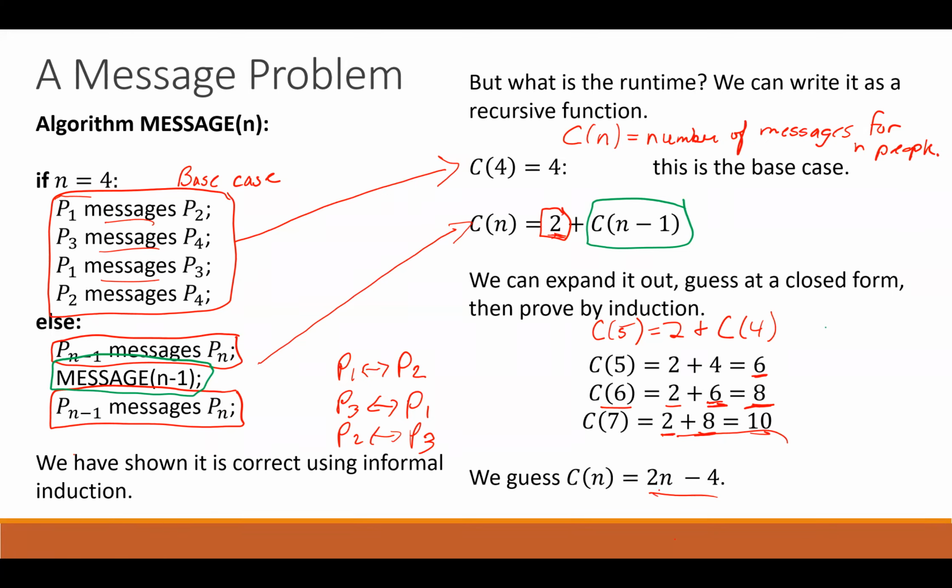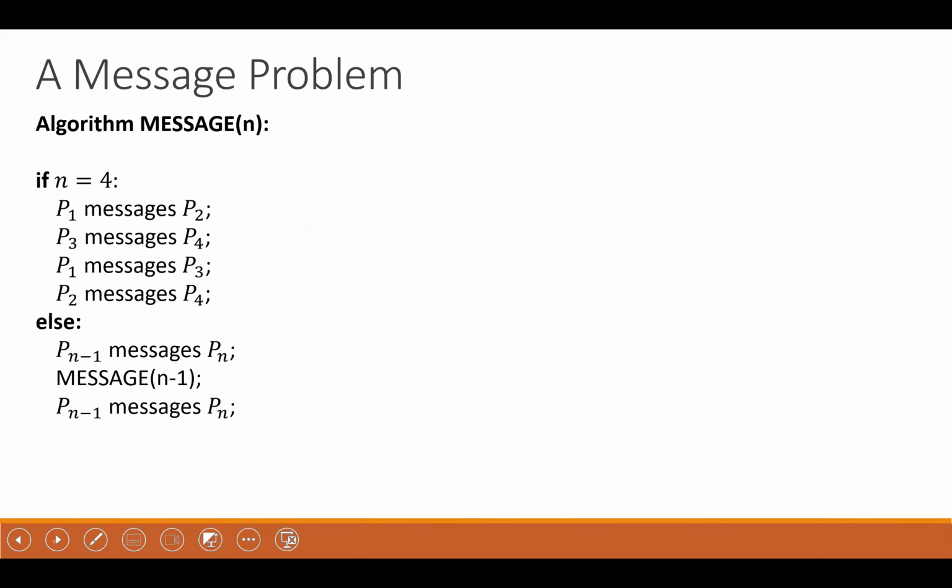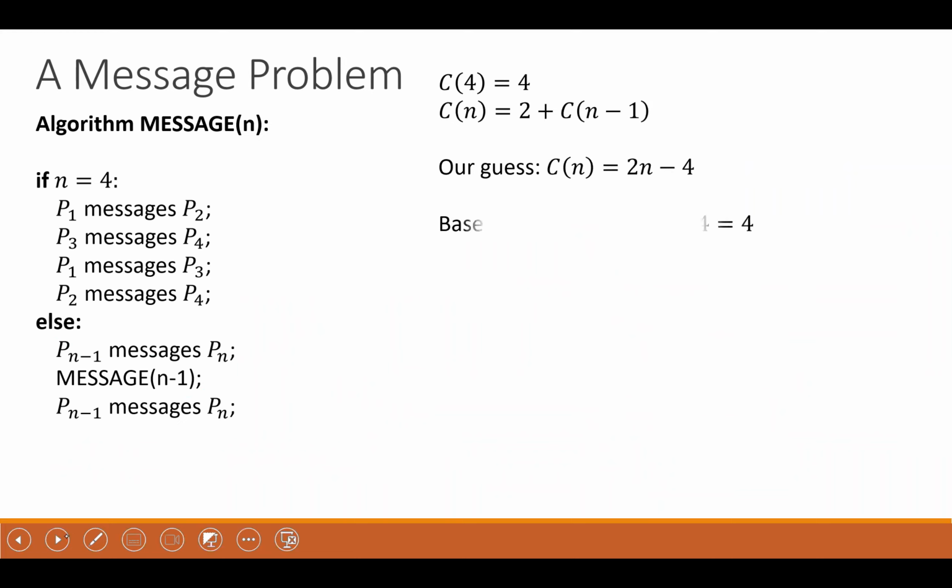All right, so we have our guess at a closed form we just got by expanding it a few times. And now we're going to try and prove it by induction. So our base case, our recursive case, and our guess at a closed form. For our base case, we're going to simply plug 4 into our closed form, right?